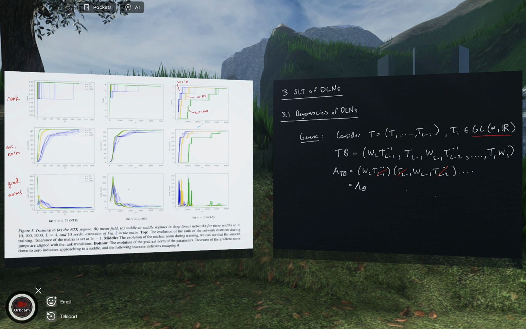Now, the authors only focus on rotations, and so this is slightly more general. I believe this is because of a quirk of gradient flow dynamics. I think you end up with something like the norm of each of these weight matrices being constant.